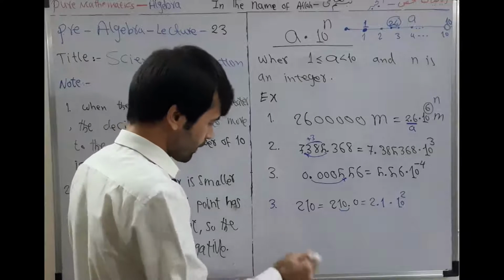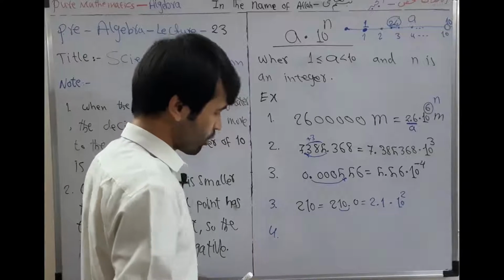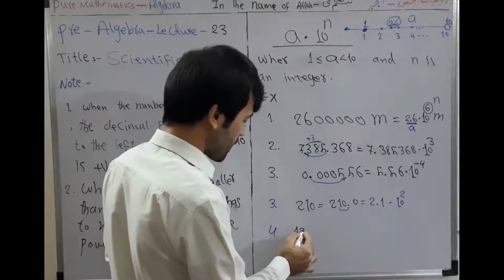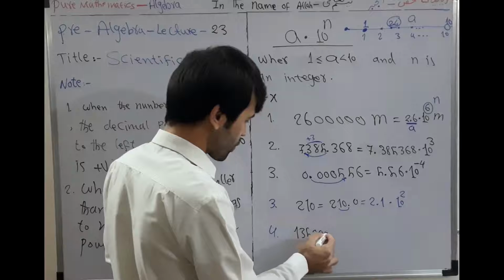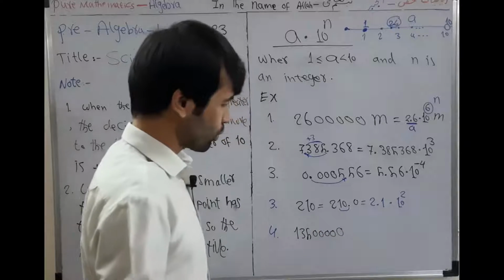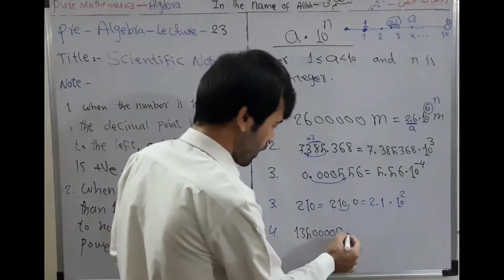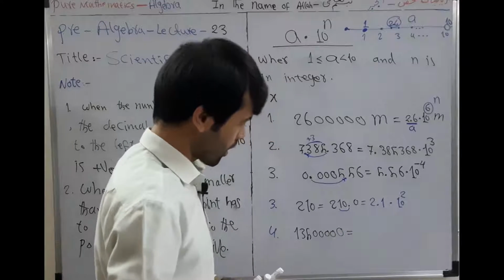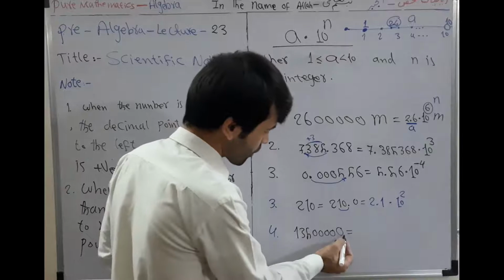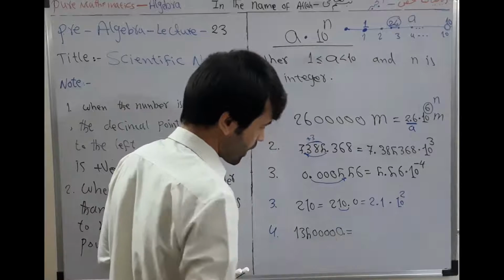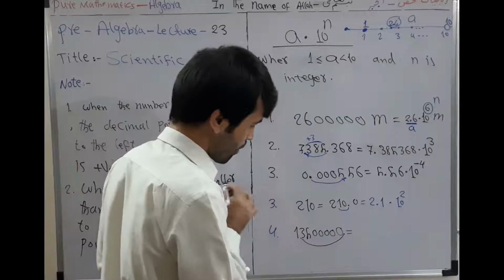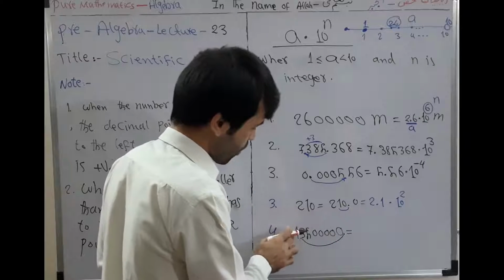Question number 4. If we have 1350000, now we want to write it in scientific notation. It doesn't have a decimal point. The decimal point is here. So the decimal point should move to come in front of 1.